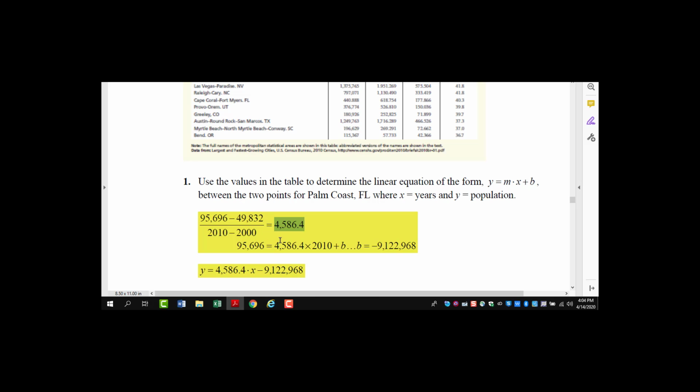Now to find the y-intercept, you can use any one of these 2 points. They use 2010, so they use 2010. That's the input there, just like I did in the last video. There's my input and there's my output, 95,696.